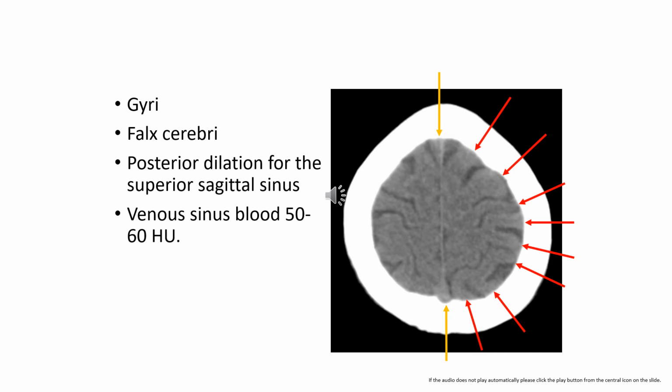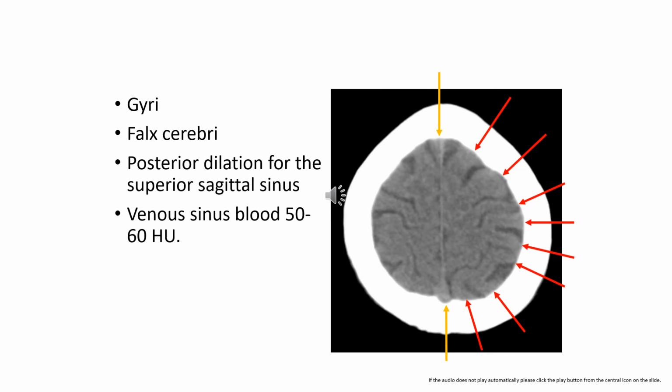Again, I want you to appreciate the details of the gyral structure that can be seen, the superficial grey matter, the deep white matter within individual gyri. And we'll see on FDG imaging, these can also be separately identified with high quality imaging.